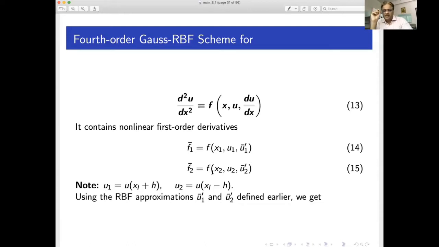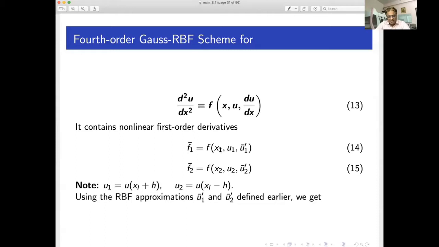I am just going to denote them by the symbols f1 bar and f2 bar. Please note that I am repeatedly telling you u1 stands for u at xl plus h, the point next to xl, and u2 stands for the point left of xl. So u2 is basically u at xl minus h, and u1 is u at xl plus h.